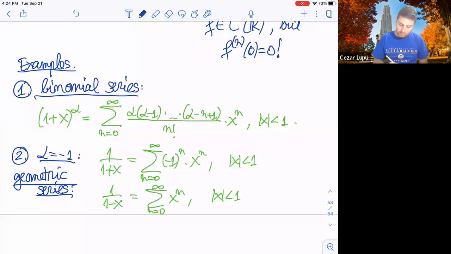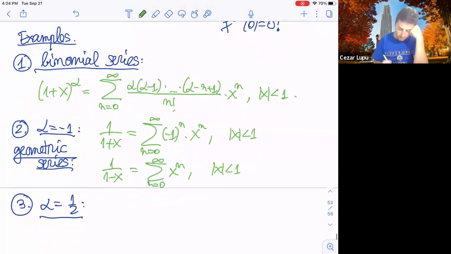All right, let's see the third example. What else can we do? Let's say we take alpha to be 1/2, for example. What do we obtain? In the binomial series we take alpha to be 1/2. So there we will have that the square root of 1 plus x will be nothing else than just this series.